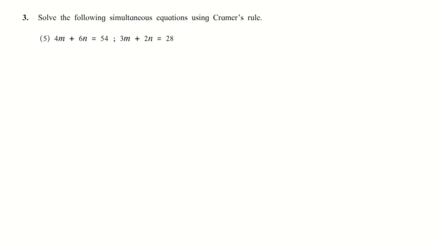Moving on to the next question, question number 5. Check if the given equation is in standard format. Here we don't have x and y, we have m and n, instead of x and y.